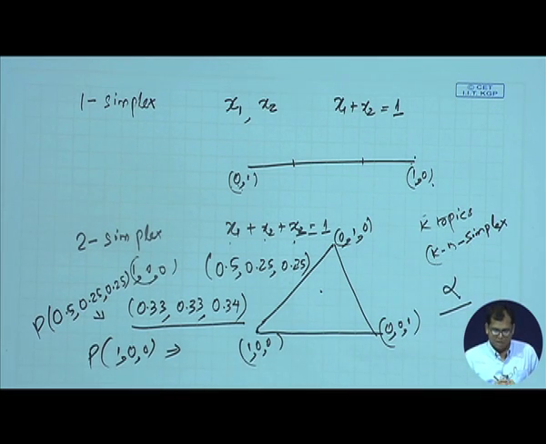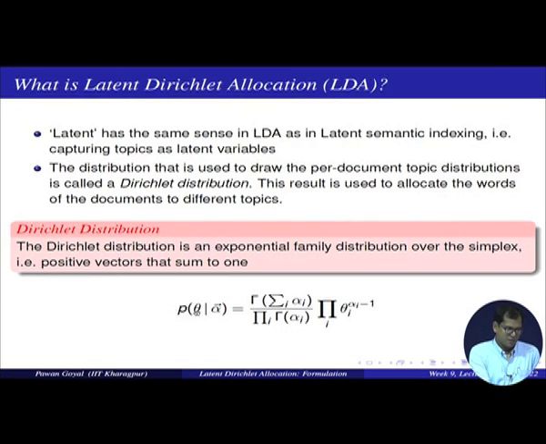That is where the formulation is. So what is the probability of theta, a distribution over these topics given my alpha? That is some gamma function. Even if we forget about this term, there is a multiplication over theta i to the power alpha i minus 1. Let us look at this term only. So what is being said here?